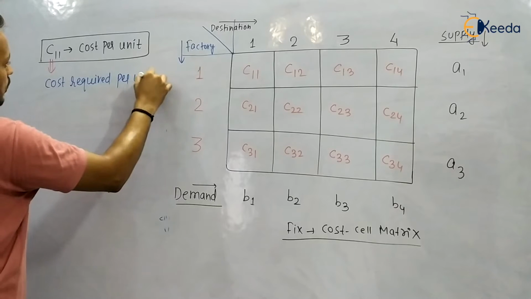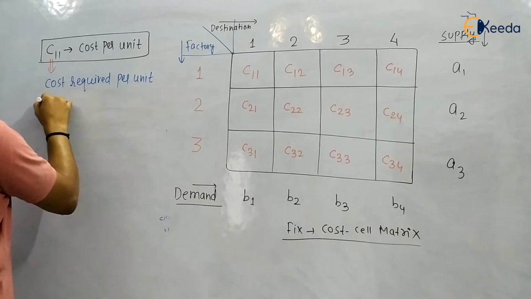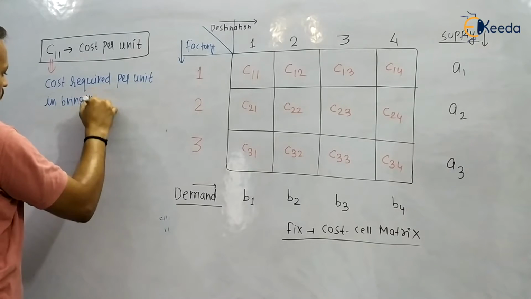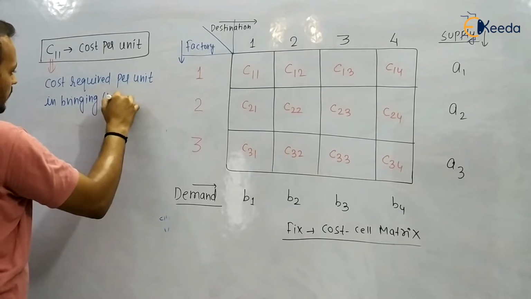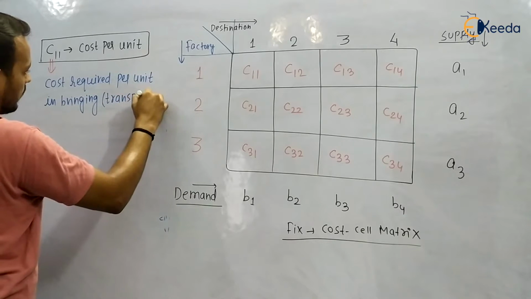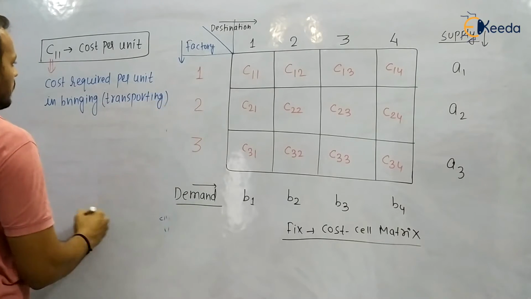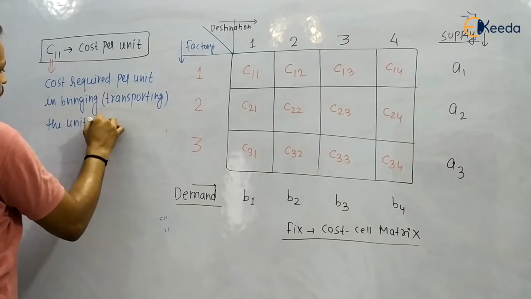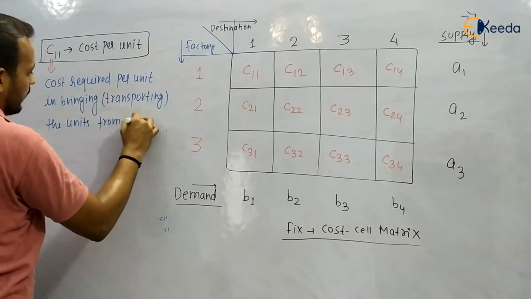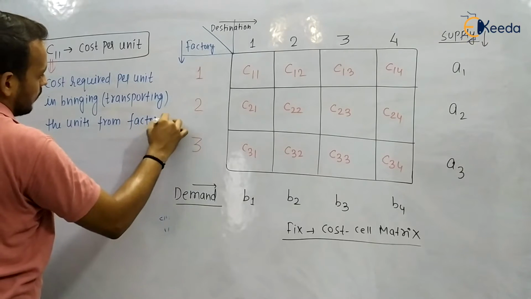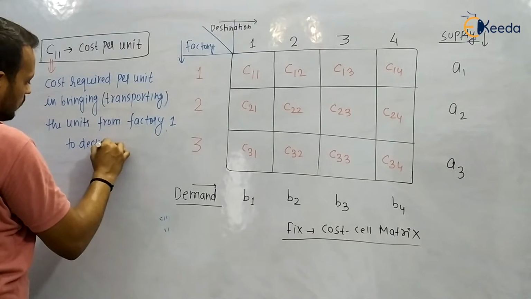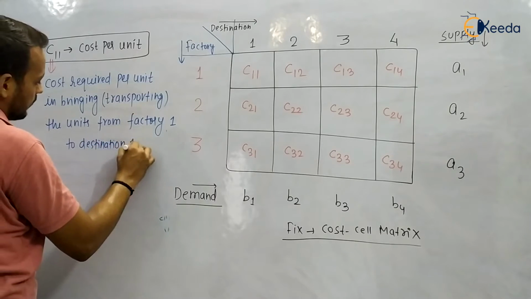These are the cost of 1 unit, cost required in bringing or transporting the units from factory 1 to destination 1. Okay, factory 1 to destination 1.